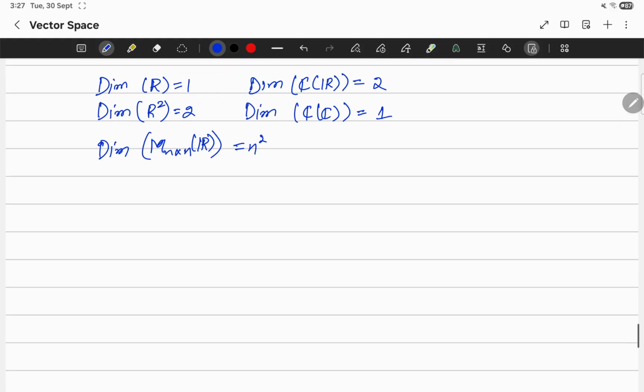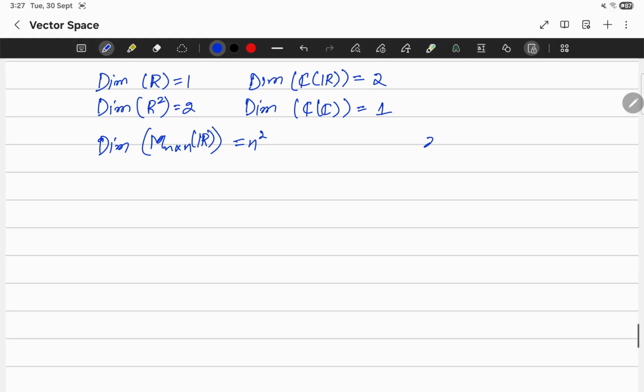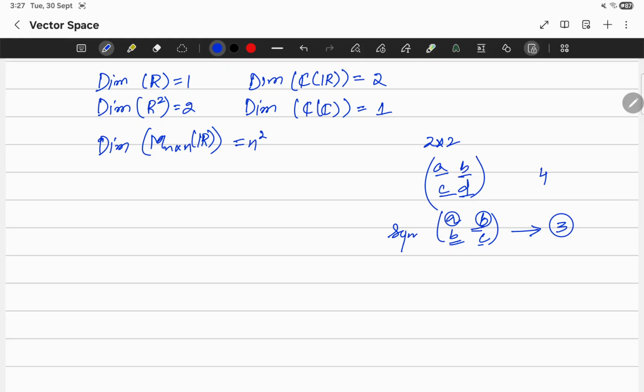If these matrices are symmetric, for example a 2 cross 2 matrix A B C D, we have 4 independent entries, so it has dimension 4. But if you have A, B, B, C, once you have one entry you get the other entry, so you need 3. Here the dimension is 3 for the symmetric matrix.